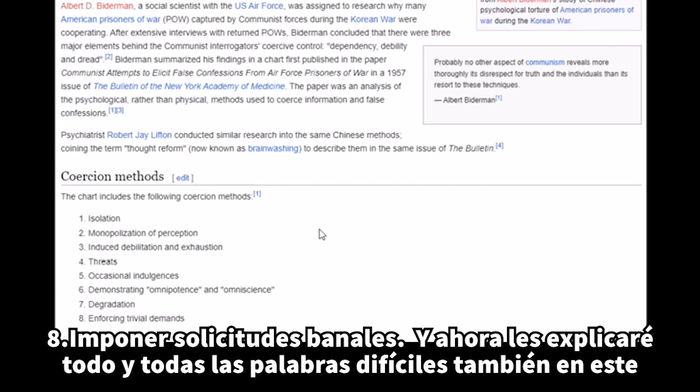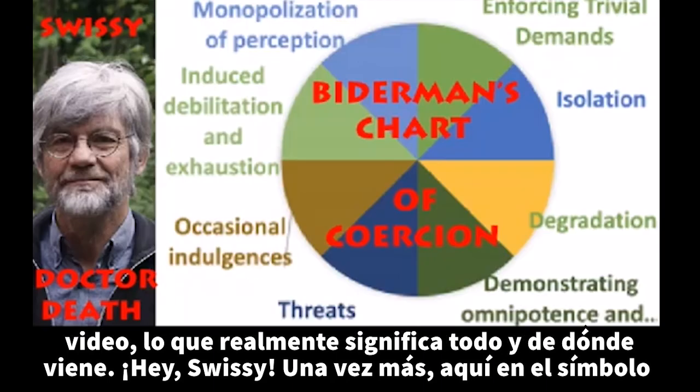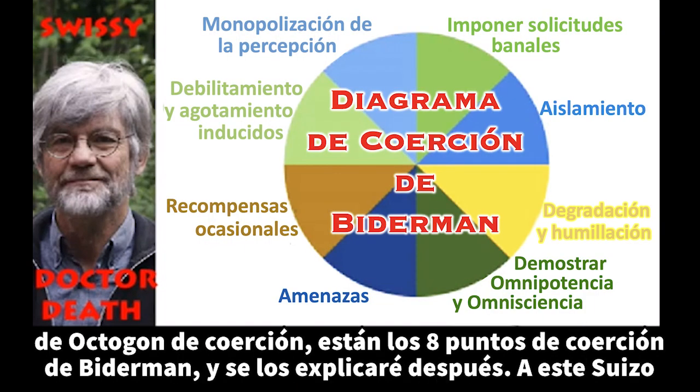And I'll explain all of them, and all the difficult words as well, in this video, what it really all means and where it comes from. So, once more, here in the octagon symbol of coercion are Biderman's 8 points of coercion, and I'll explain them afterwards.